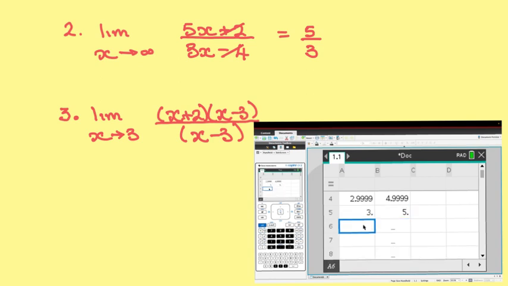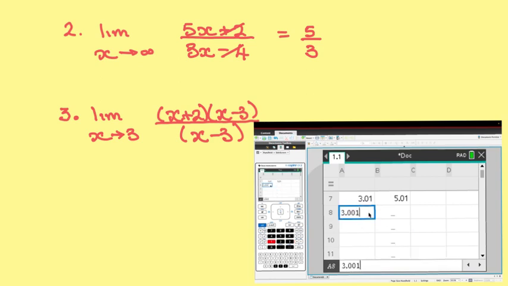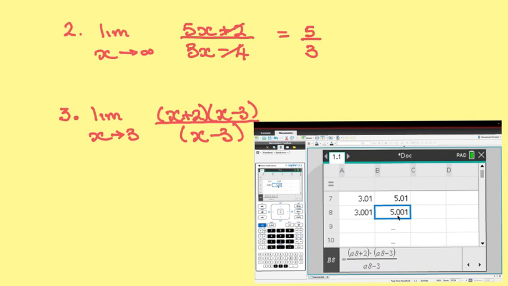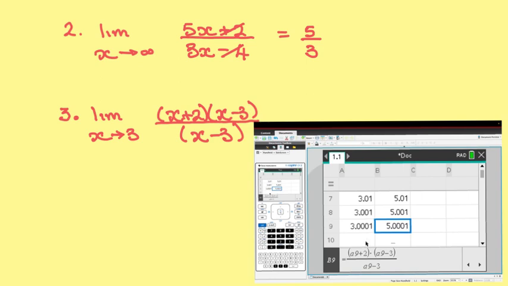So if I use 3.1, see what I get? I get 5.1. If I use 3.01, what do I get? I get 5.01. If I use 3.001, I get 5.001. If I use 3.0001, I get 5.0001.